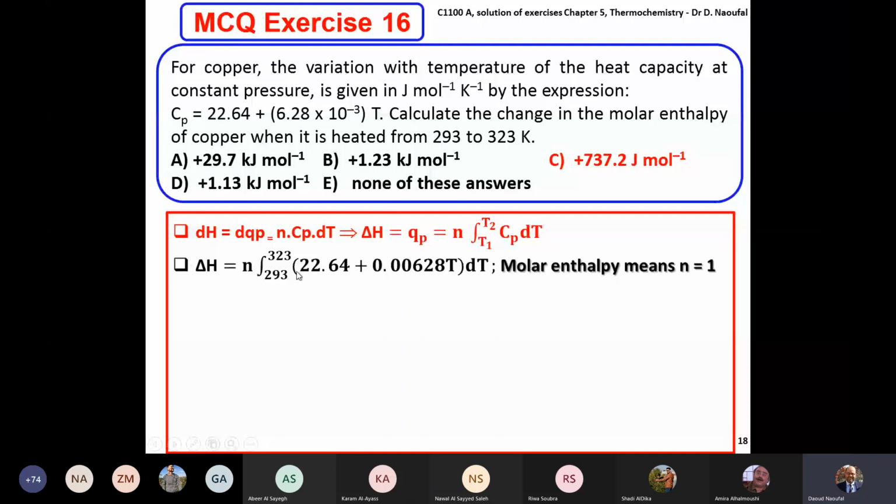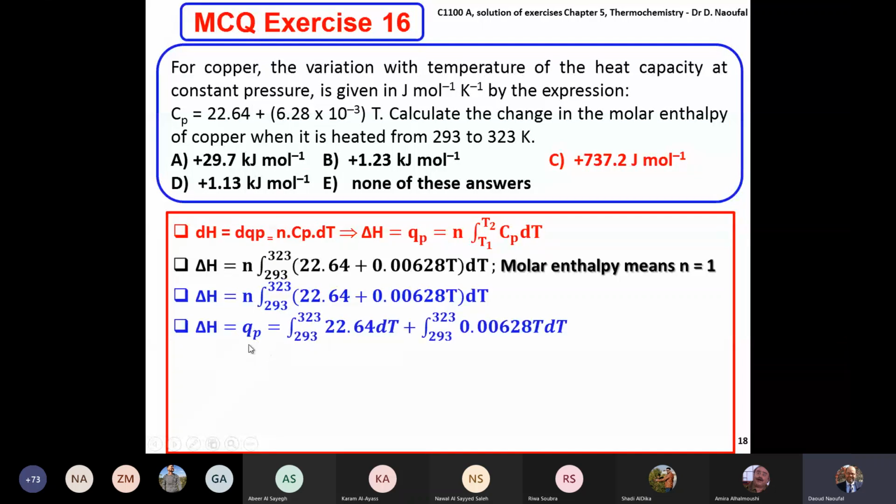So in this exercise, the temperatures are given in Kelvin, times the integral from 293 to 323. We have to put Cp by its function of temperature, equal 22.64 plus 0.0628 T dT. And now we solve each part separately.